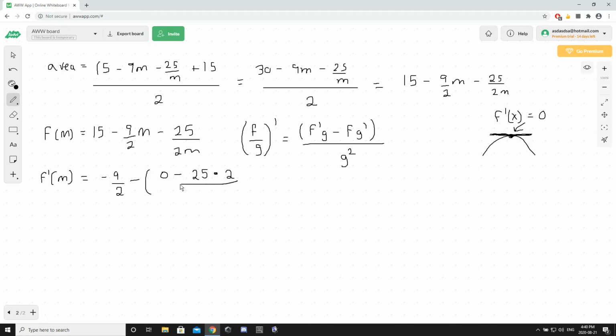And then you want to divide by g squared, so you want to divide by (2m) squared. Sorry, careful: 2m squared, 2m in brackets, not just 2m and then to the power of 2. That's wrong. 2m times itself comes out to 4m squared.